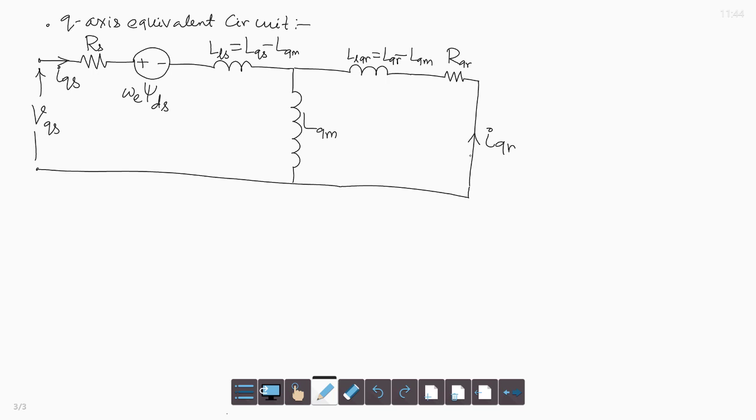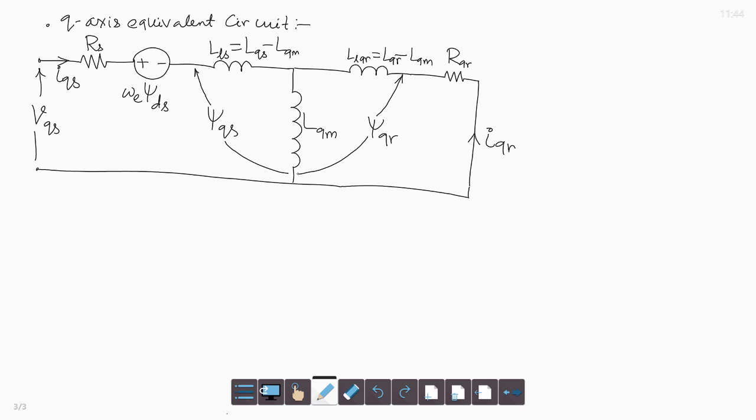Then we have the flux linkage psi QS, the self flux of the Q axis stator winding, which is the mutual flux plus the leakage flux of the stator winding. Then we have the flux psi QR of the Q axis rotor winding, which is the leakage flux of the rotor plus the mutual flux. And the rotational EMF omega E psi DS due to the D axis flux opposes the stator applied voltage VQS.